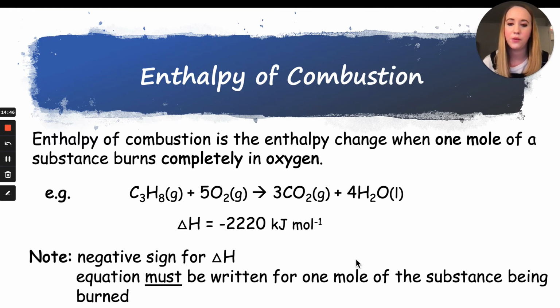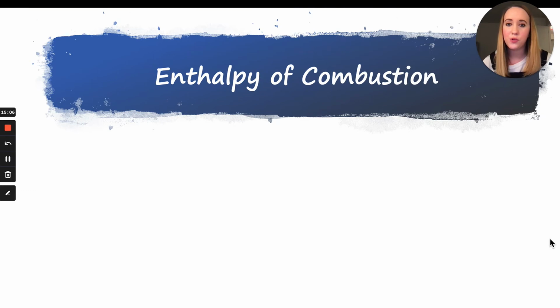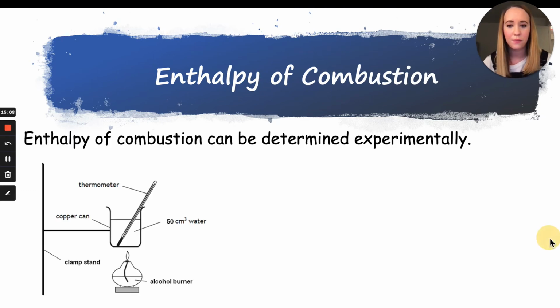Okay, so the experiment we would use to work out enthalpy of combustion essentially involves us taking a fuel and burning it, and in some way measuring the energy that is released. This is an experiment that you should be familiar with from National 5. We looked at this as part of Unit 2 in the Energy from Fuel section of National 5. And it's this sort of setup in the diagram.